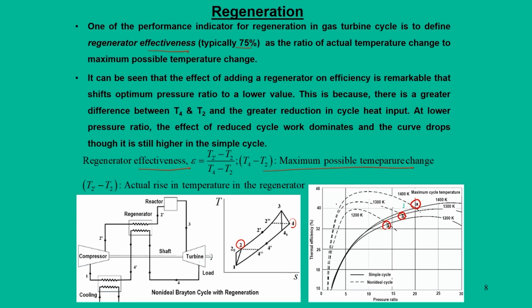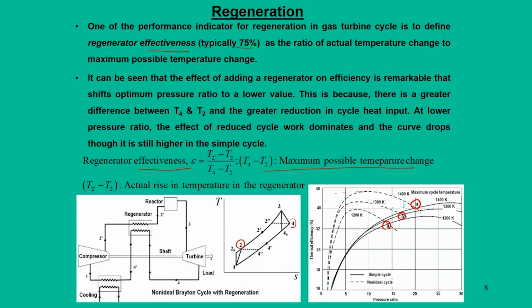For example, if you look at this particular graph, thermal efficiency versus pressure, initially your thermal efficiency shoots up and the efficiency becomes maximum at this point, which means that we are expecting the maximum possible work from the turbine. And through this process, if you include a regenerator in this circuit, then the possibility of heat exchange can take place at point A.